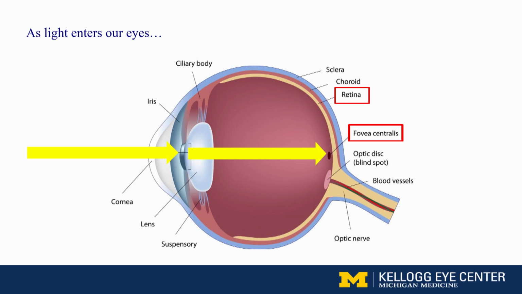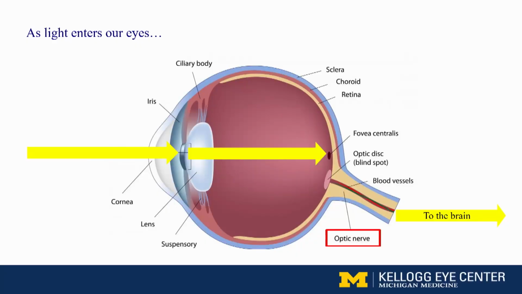And the fovea is where the light is focused, and that is where images are then processed, and the message is sent to the optic nerve right over here. And the optic nerve sends messages to the brain, travels through our brain to the visual cortex, so the occipital lobe in the back of our brain, where our brain then interprets the image. It's quite fascinating, the whole process. It's amazing what we're able to accomplish.